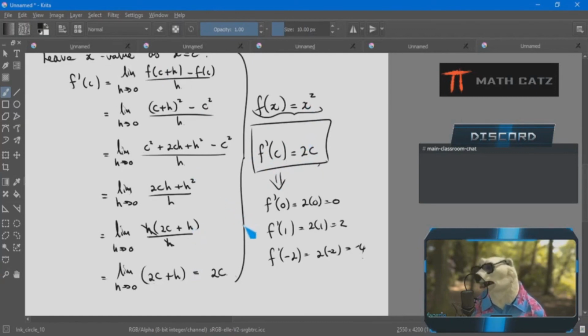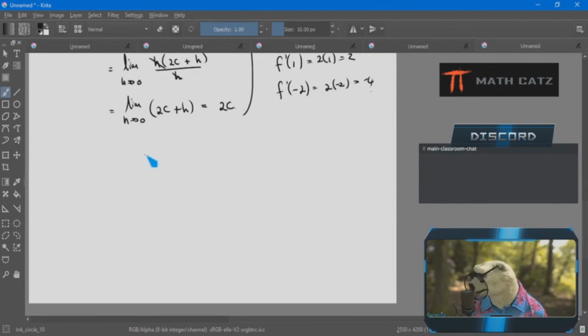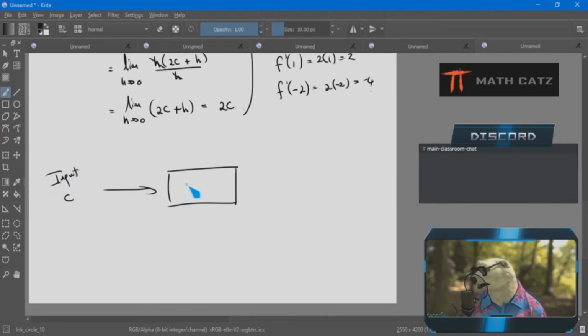So what I really have here is a new function. If I put in the input, which we call c, I calculate the derivative as 2 times c, and I get my output, which is 2 times c. This is a function again. This is the derivative function.